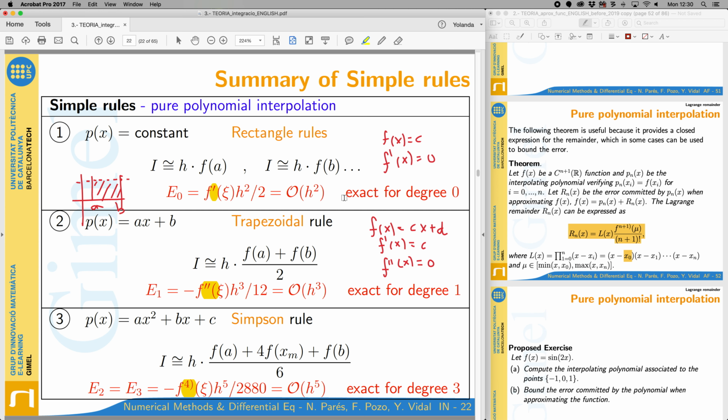The higher the degree of the polynomial we can compute exactly, the better we assume is the method. The more complicated is the polynomial we are able to compute the integral exactly, the better we think is going to be the method, because it can deal with more complicated functions. Okay, so that's the reason.